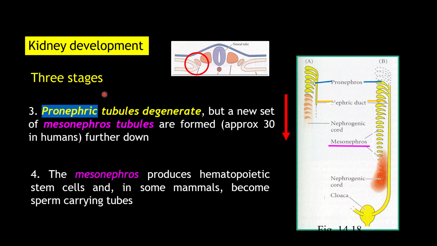The next step is that the tubules degenerate. Here again, through apoptosis, they degenerate, but you keep forming some more, and you start forming here the mesonephrons that you see here. Some of them are connected, these ones are not connected yet, and you also produce some of the cells that are going to become sperm-carrying tubes.